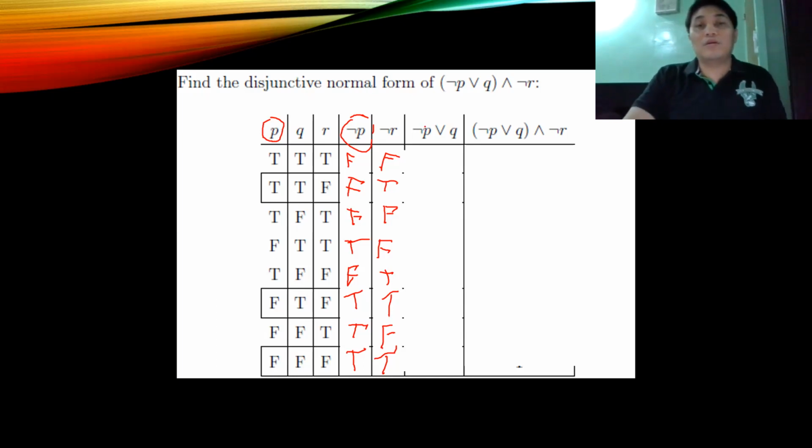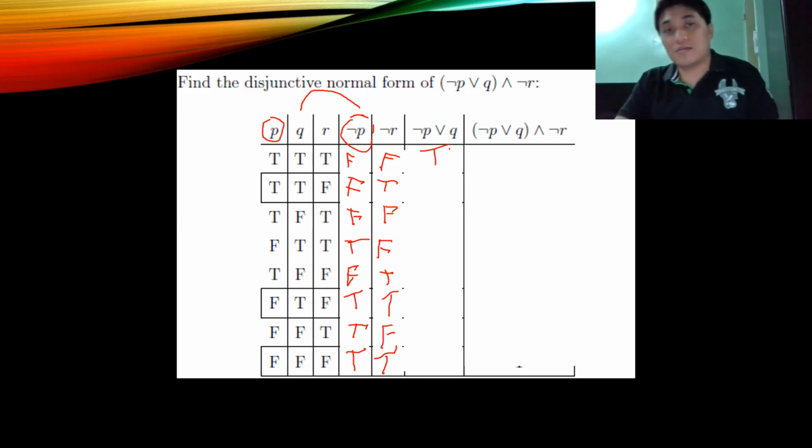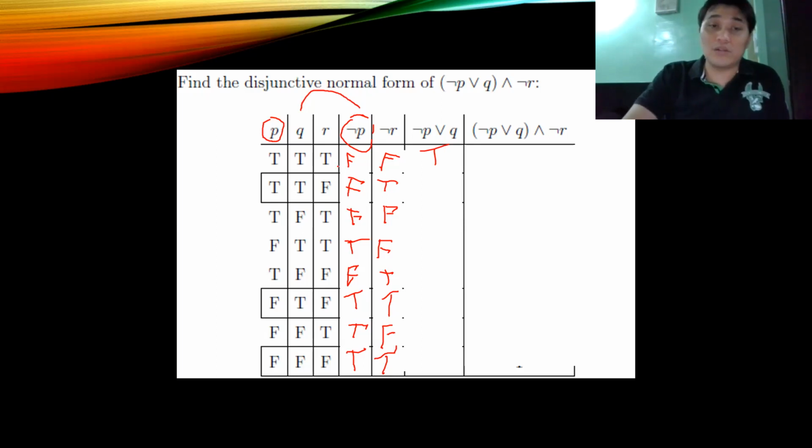The negation of P logically or Q. So we take the negation of P and Q. If it is F and T, this is true. Any statement that has a true value makes the disjunction always true. When both are false, this is false.